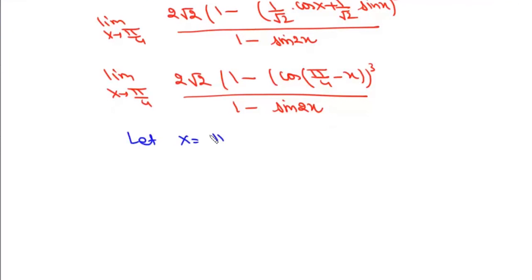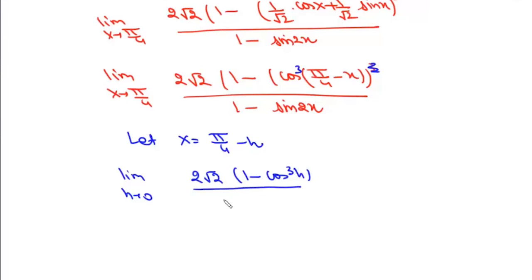Now what we'll do is, we'll let x be pi by 4 minus h. So it will be this limit h tends to 0, 2 root 2 (1 minus cos cube h), this part should be cos cube, and then 1 minus sin 2 into (pi by 4 minus h), which will be sin (pi by 2 minus 2h), that will be cos 2h.